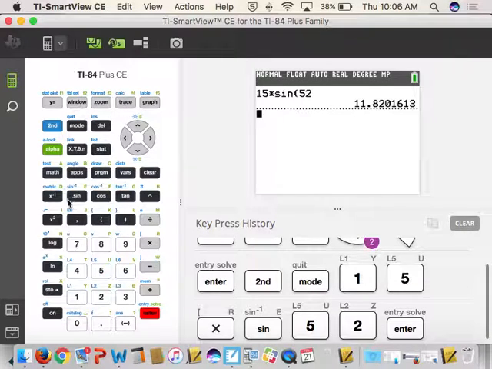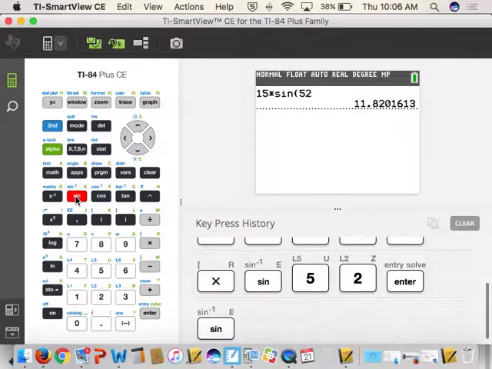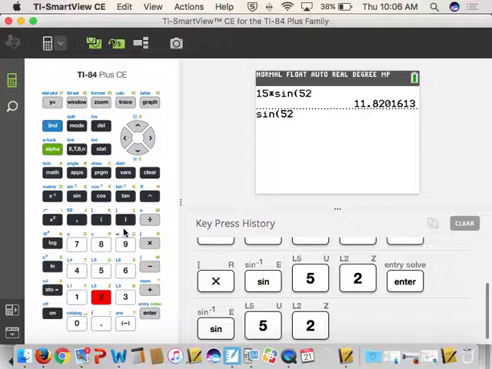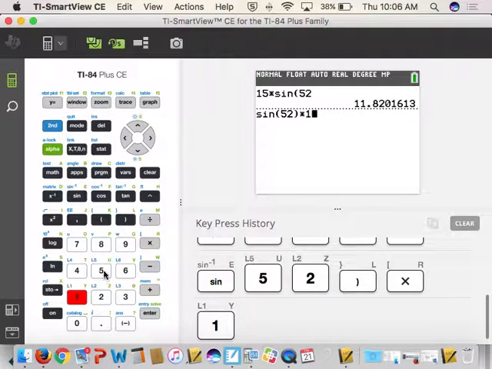Now, let's say, ladies and gentlemen, you typed sine of 52. If you type sine of 52 and you still need to hit times 15, you must close the parenthesis and then hit times 15. I don't want you to make that mistake. I personally don't want to make it, so I always multiply out front, because if you don't, you're going to get the wrong answer. I'll show you what would happen.